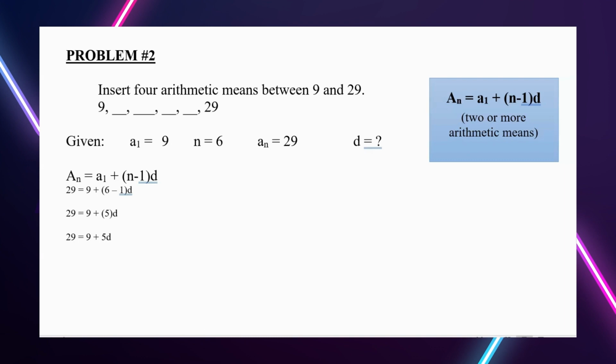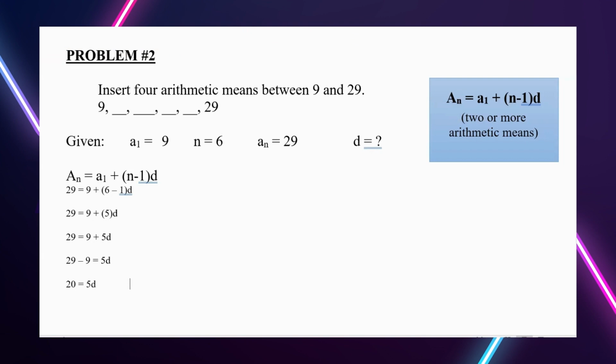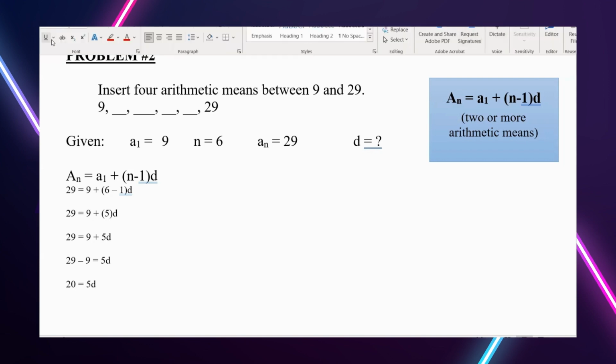Next, combine like terms. So 29 from positive 9 became negative 9 is equal to 5d. 29 minus 9 is equal to 20 is equal to 5d. So to remove the numerical coefficient of the variable d, we have to divide both sides by positive 5.